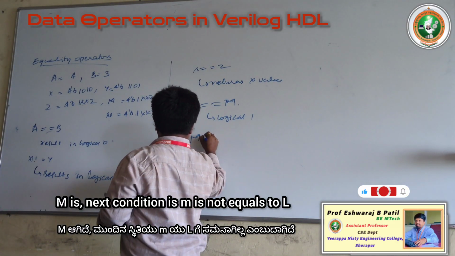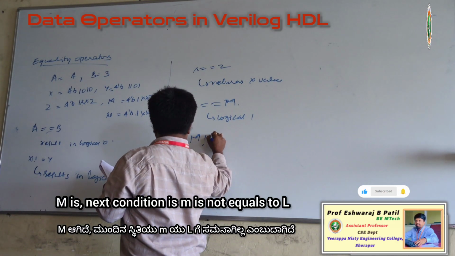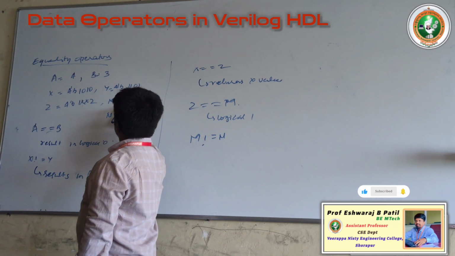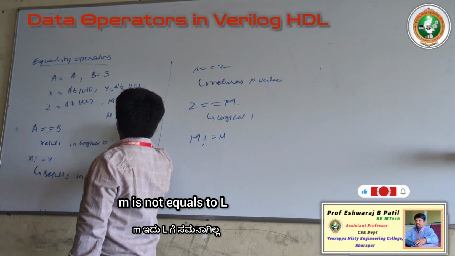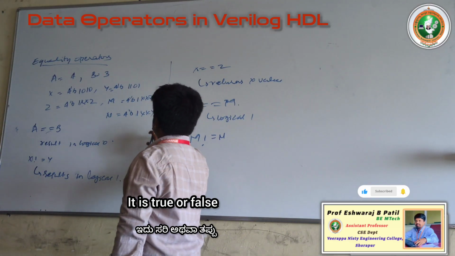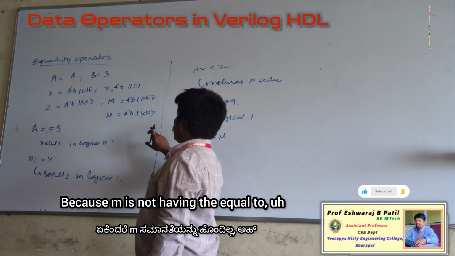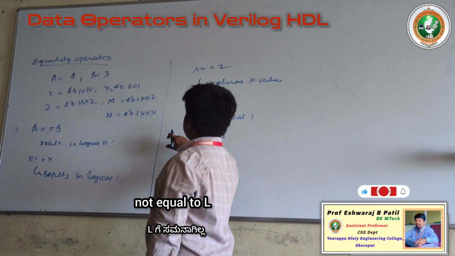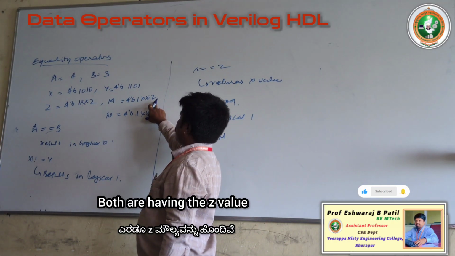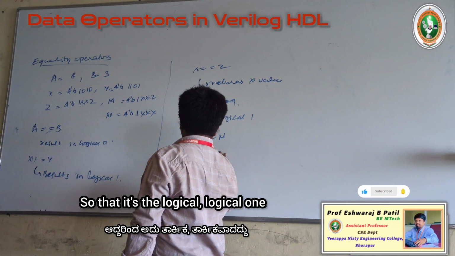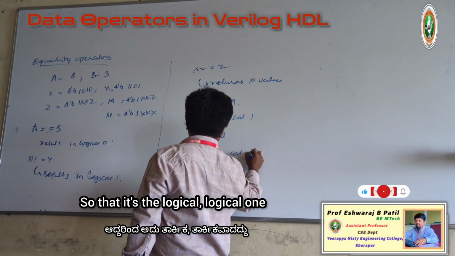Next condition is m is not equal to l. True or false? Is it true or false? Yes, because m is not equal to l. It's true. Both are having the z value. This is here the x value. So that it's the logical 1.